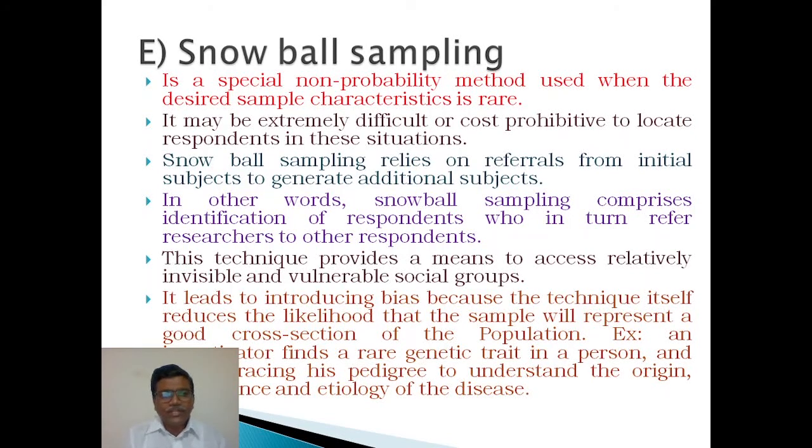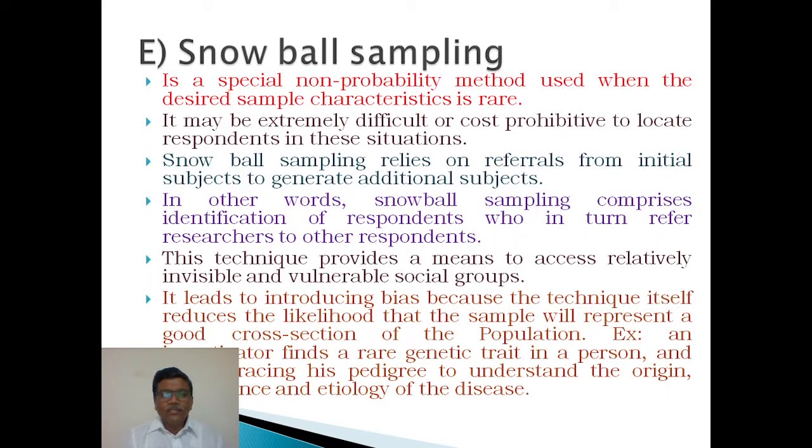Now coming to the next, snowball sampling is a special non-probability method used when the desired sample characteristic is rare. It may be extremely difficult or cost prohibitive to locate respondents in these situations. Snowball sampling relies on referrals from initial subjects to generate additional subjects.